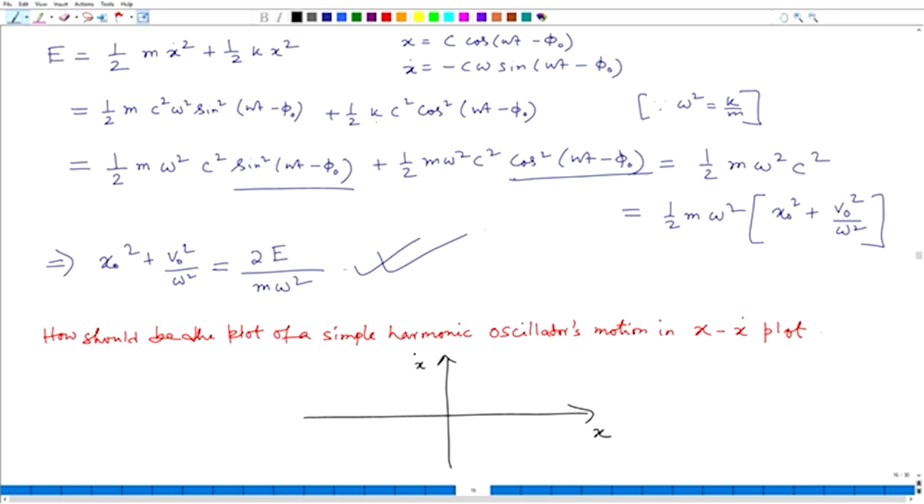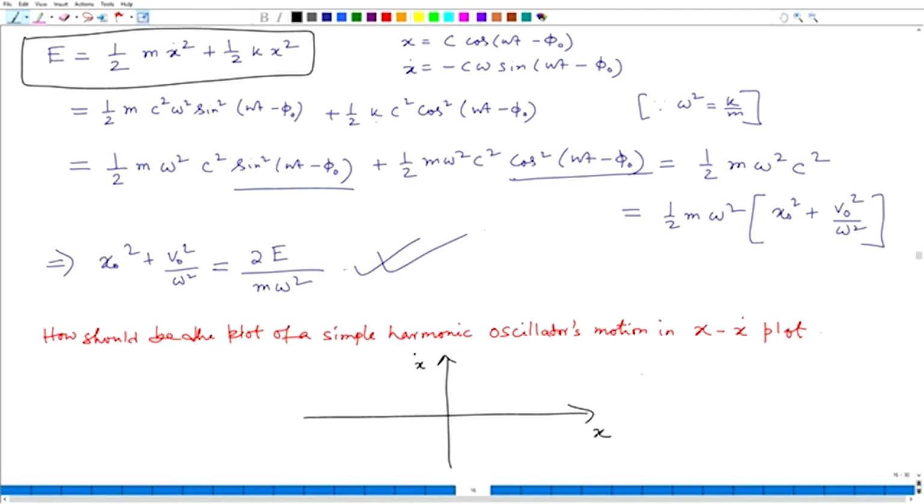So, you see, if you remember this equation, the equation is actually this. The relation, so I am here trying to plot the trajectory of the motion of a simple harmonic oscillator in x x dot plot, and that is why I am simply writing this constraint which relates x dot and x.